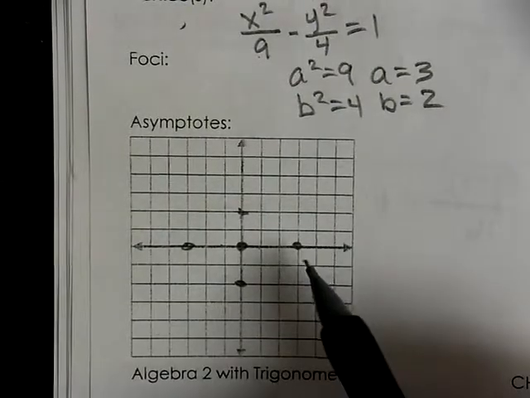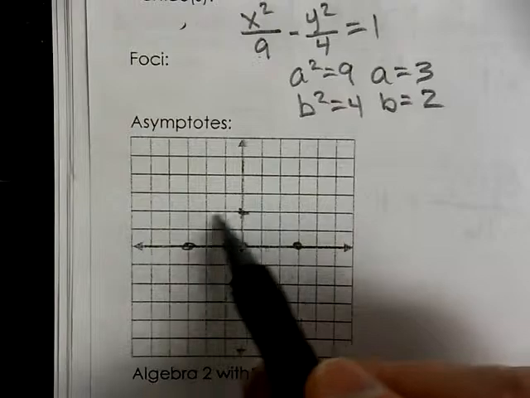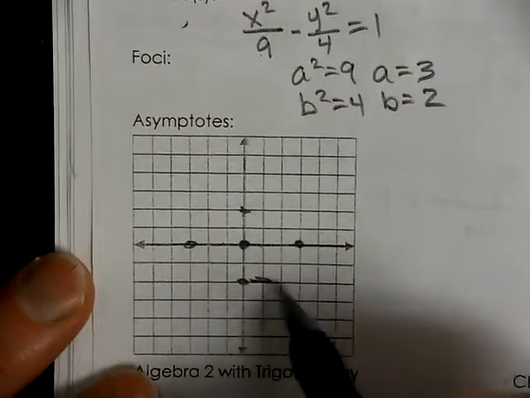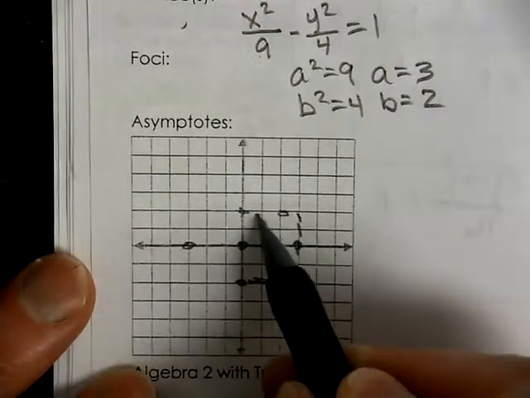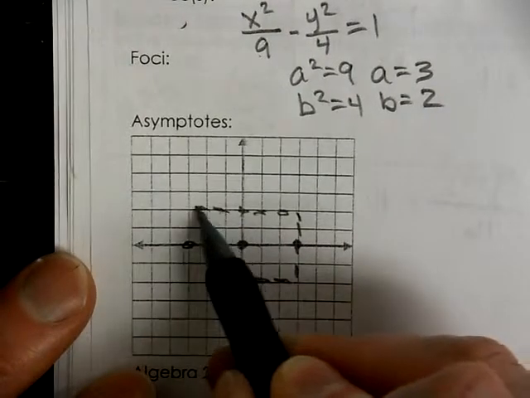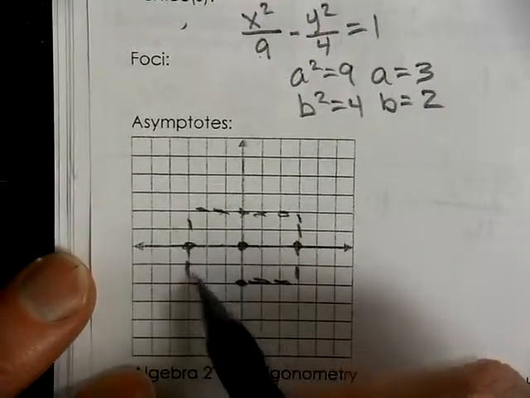Now with these points, we're not going to make any ellipse type shape out of it. You could come around and make a box. That can help you understand what the asymptotes are.